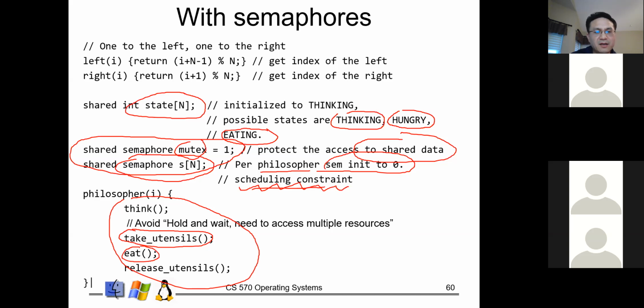And after eating, the philosopher will release the utensils. Again, the key here is what? In the take utensils step, you want to acquire both utensils. All right? You guys get the idea? You either acquire both utensils so that you will be able to eat, or you don't acquire any. Okay?